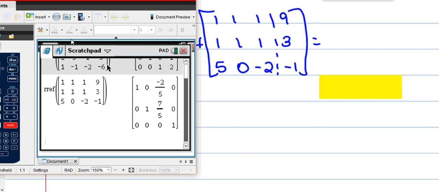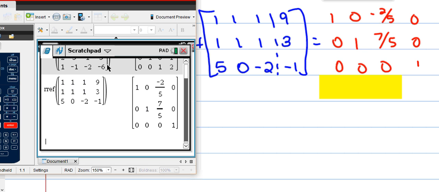Okay, look right here. This looks a little bit different. We have 1, 0, negative 2/5, 0, 0, 1, 7/5, 0, and 0, 0, 0, 1. This is where our dotted line would be. The problem here is that we have some fractions and we don't have an identity matrix.